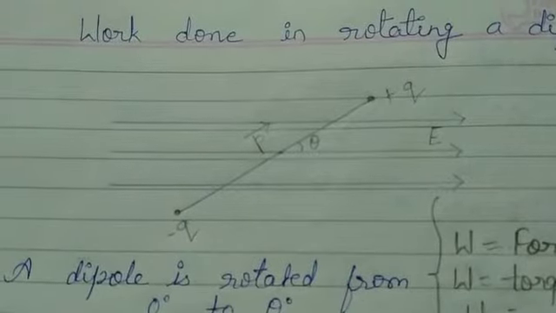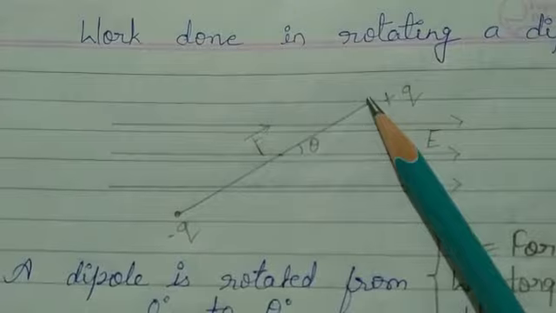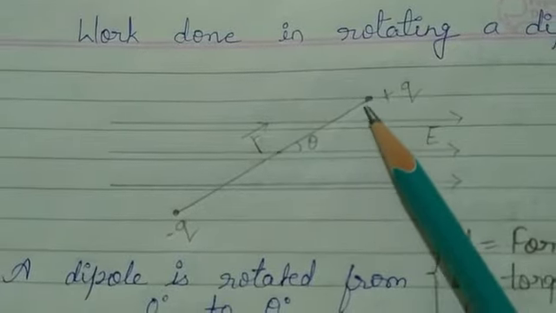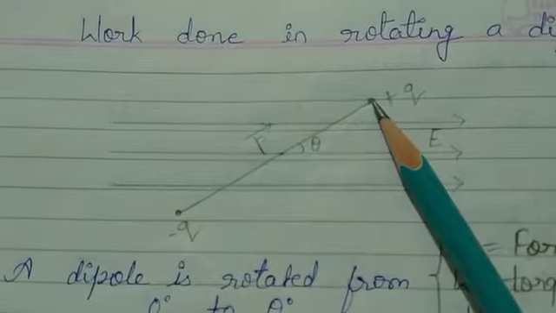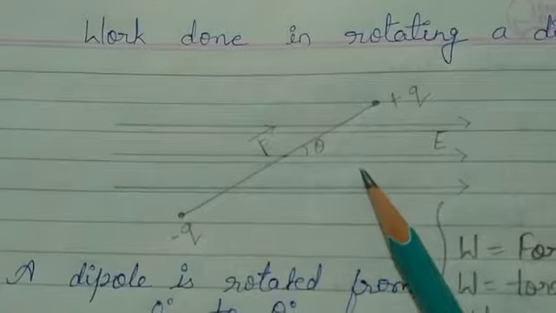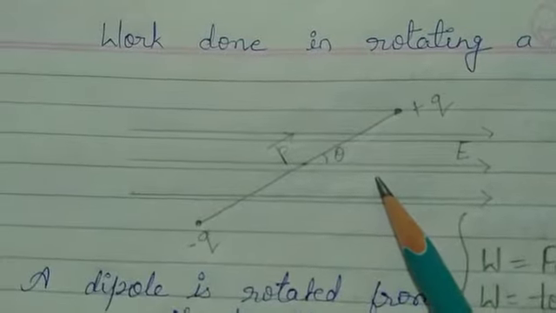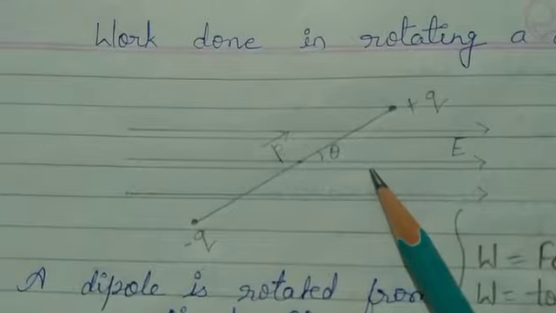We have studied about torque already, that because of torque a turning effect is there. That turning effect tries to rotate the dipole in the direction of the electric field. So when that torque is rotating the dipole, some work is done in rotating that dipole.